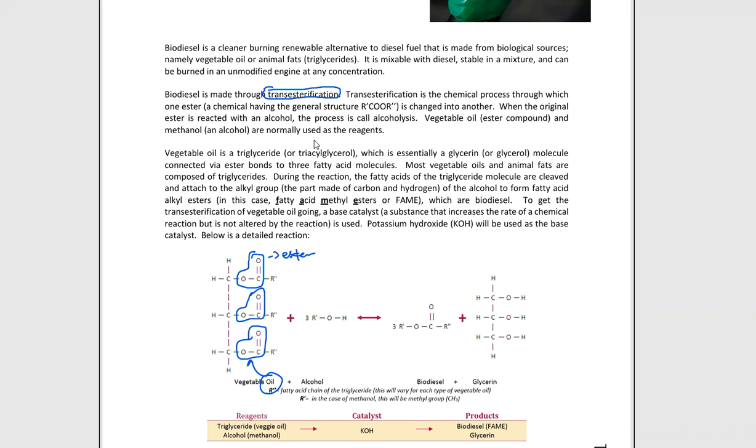So these are the starting esters that we are adding to our reaction flask in the beginning of the lab procedure. And then we're going to add some alcohol. This alcohol in our example is going to be methanol for most of the time that we do this lab, and that methanol is going to react with the vegetable oil.